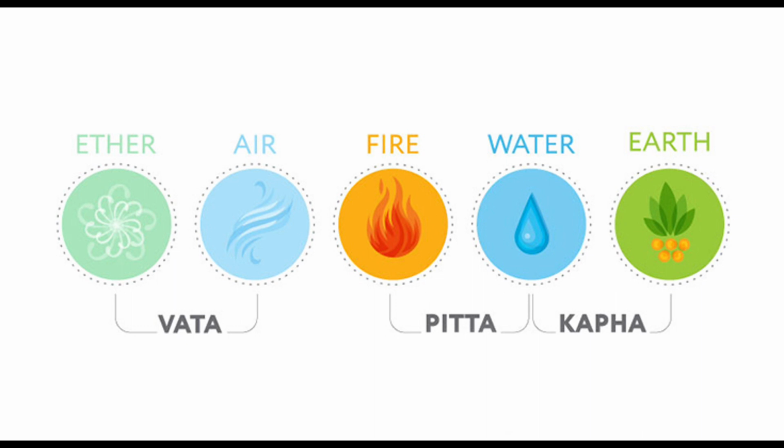Some secondary tissues will be formed here. Secondary tissues are basically the breast milk or the menstrual fluid, and a waste product will be formed, which is the kapha.